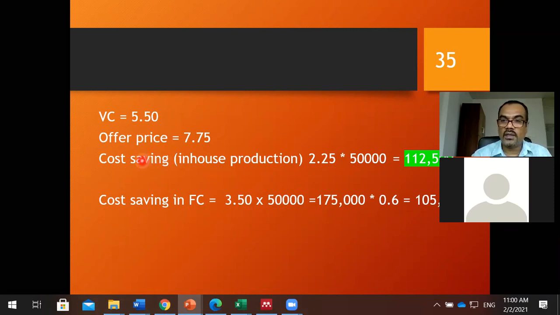If you have a printout, better write down: incremental cost of outsourcing is 112,500, cost savings is 350 into 50,000, 60%, that is 105,000. So the difference is 7,500. That's the answer. Therefore, you should not go ahead with this decision. So change this.